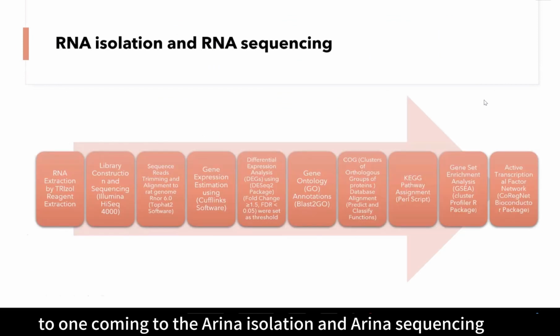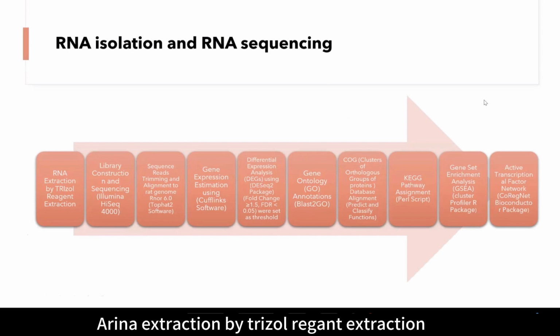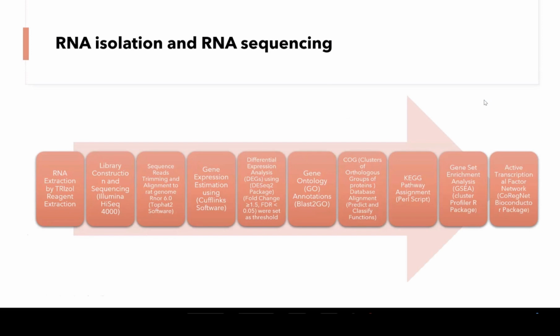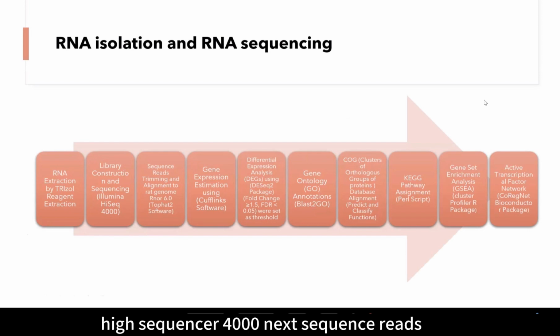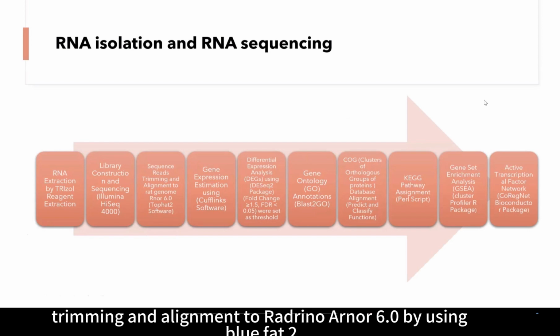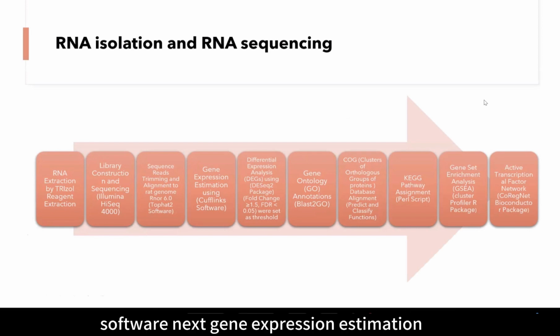Coming to the RNA isolation and RNA sequencing: RNA extraction by TRIzol reagent. Next, library construction and sequencing done by Illumina HiSeq 4000. Next, sequence read trimming and alignment to the rat genome RNOR 6.0 using TopHat2 software.